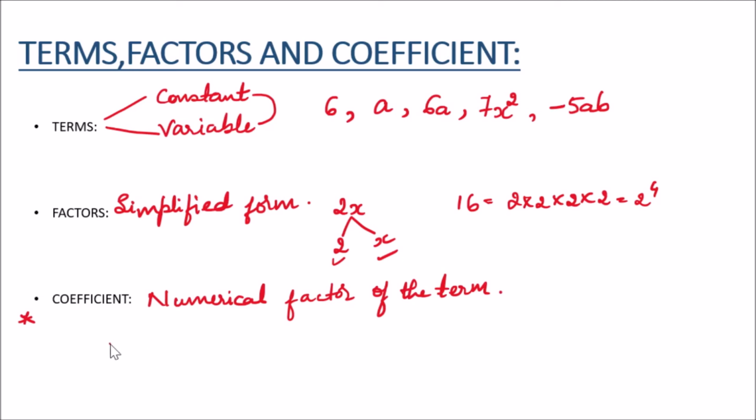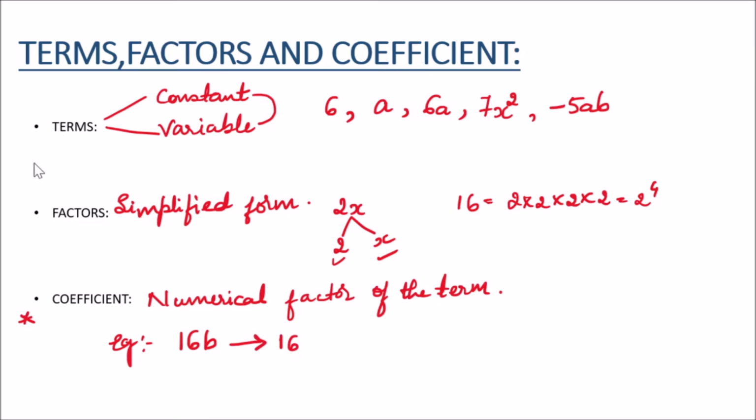There is a term, for example, 16b is a term. In this, what is the numerical part? 16 is the numerical part. b is a variable. So for the term 16b, 16 is the coefficient.